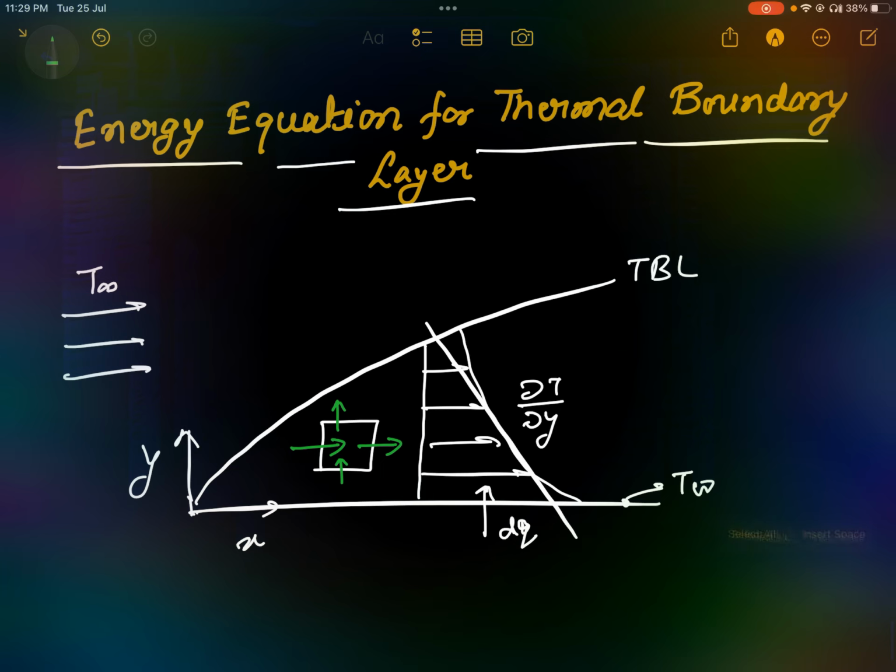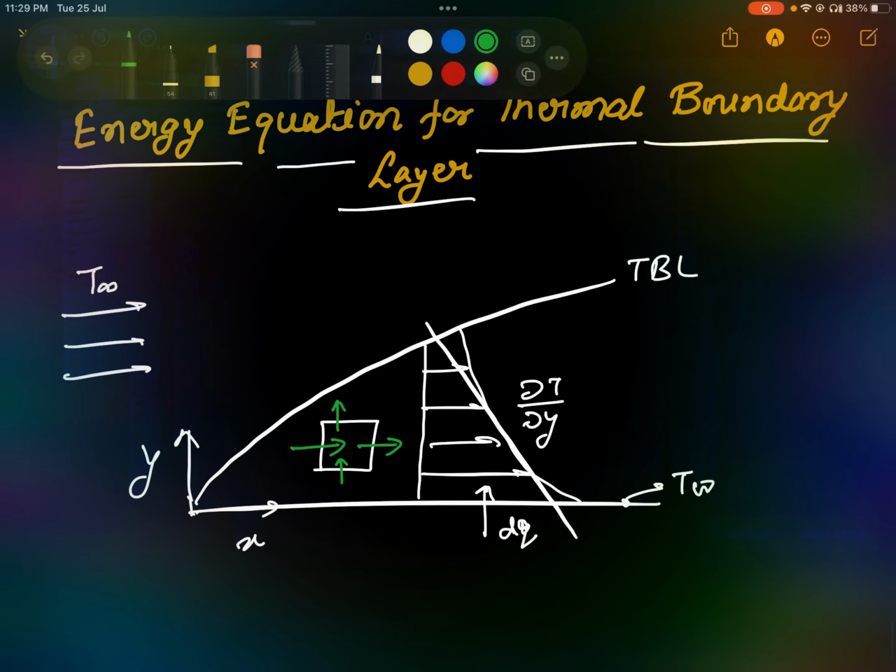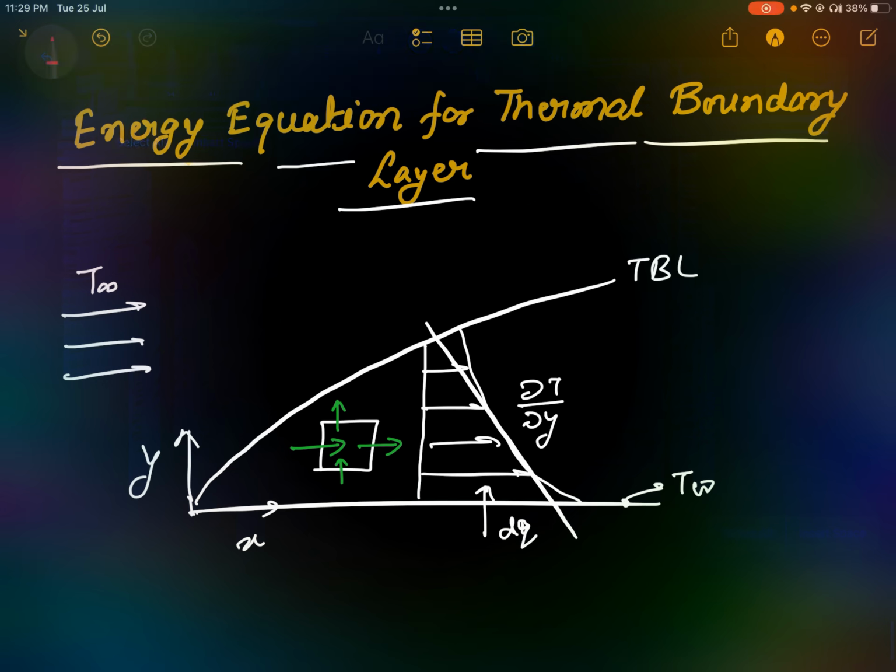First is because of the convective effect, the convection of the heat that I have shown with the green color, and there is one more heat interaction, which is because of the conduction effect of the fluid, that we can show like this.